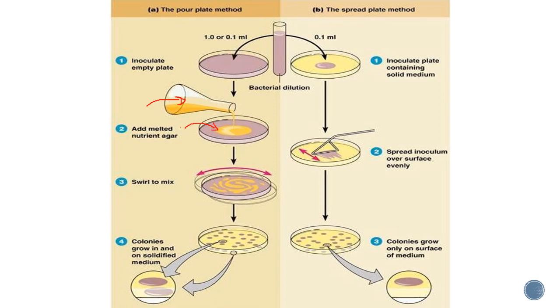After that we put it into the incubator, and after the incubation period we can observe the colonies on the media. So in the pour plate technique, we observe the growth inside or under the medium. We cannot observe the colonies on the medium. You can see that the colonies are on the bottom surface.